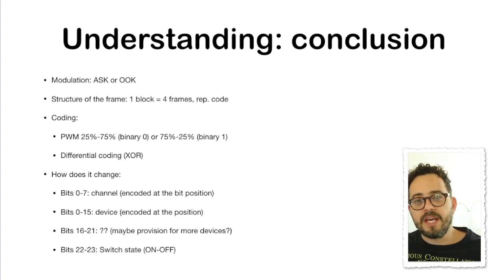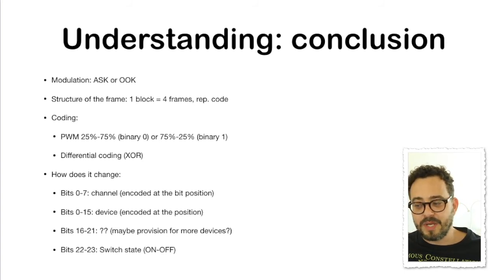And now we understood that the bits will be distributed in such a way that is shown here. Bits 0 to 7, so the first 8 bits, will decide the channel, encoded at the bit position with a 0. Bits 0 to 15 will decide the device, encoded at the bit position as well.